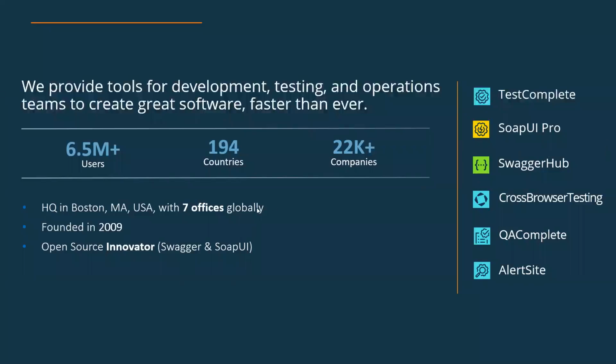SmartBear is a very large company. We have 7 global offices. Myself and Joe work in the Galway office in Ireland, and SmartBear itself was founded in 2009. You might not have realized it was SmartBear, but SmartBear was behind some of the open source tools such as Swagger and SoapUI. On the right-hand side, you can see some other tools for API and UI design and testing.